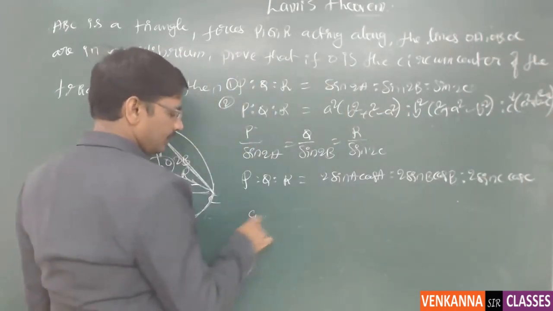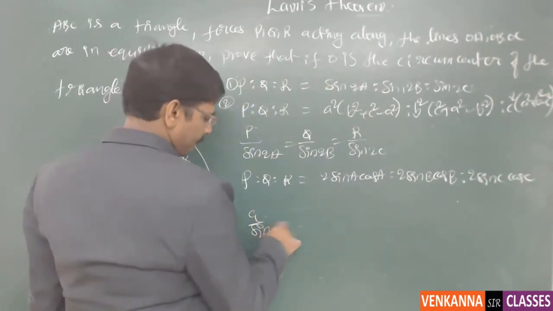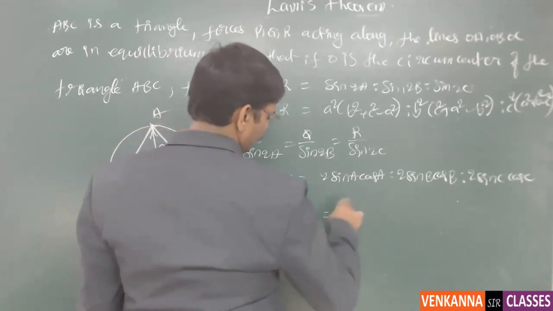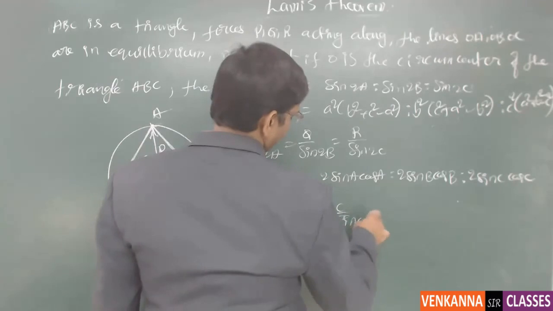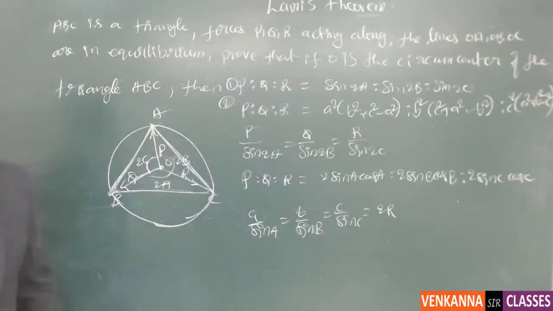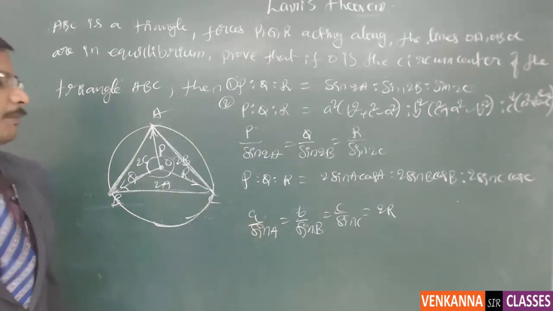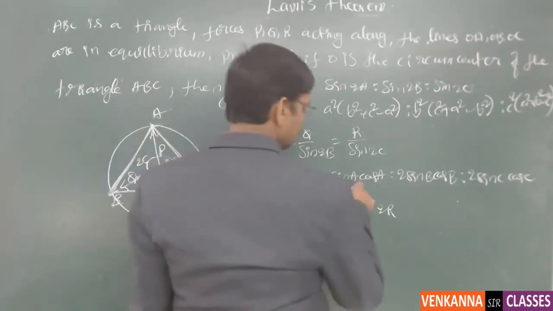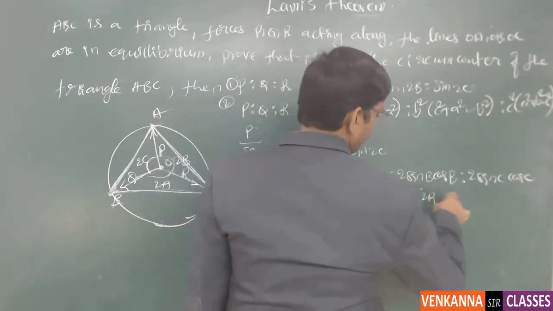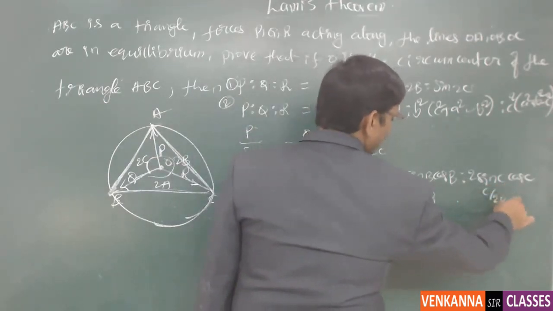The sine rule is A by sin A is equal to B by sin B equal to C by sin C equal to 2R. Now you can replace sin A with A by 2R, and this is B by 2R, and this is C by 2R.